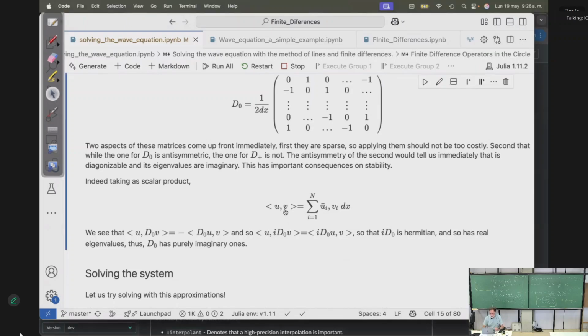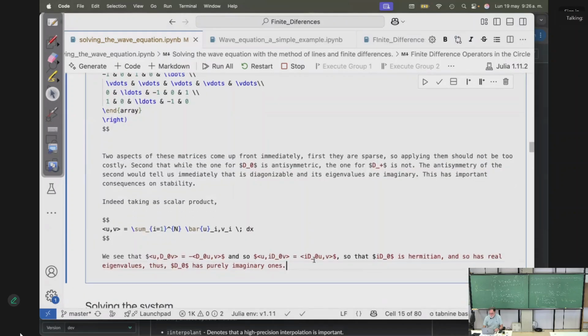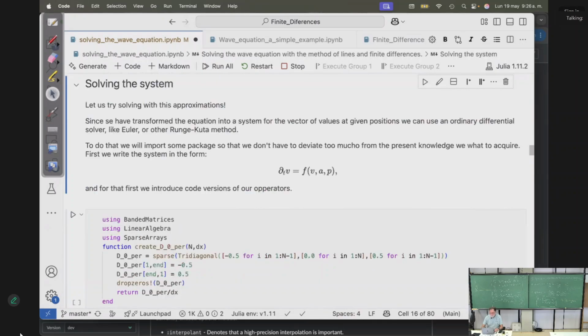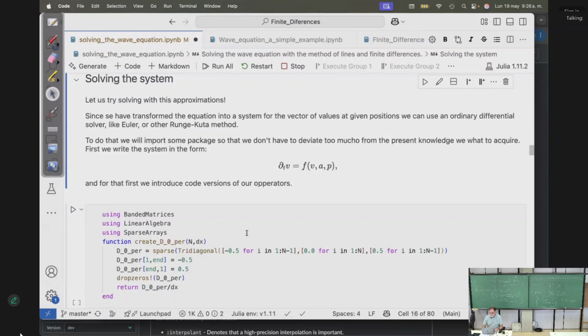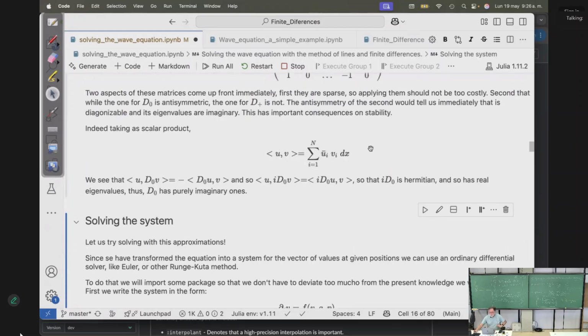Let's correct this right now. If we take this as scalar product, then we see that this in here is minus this.